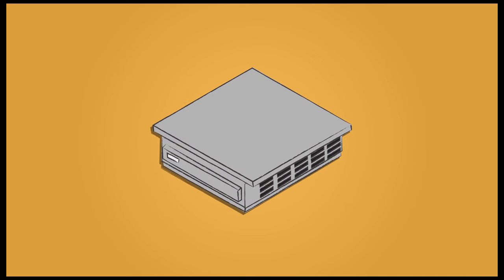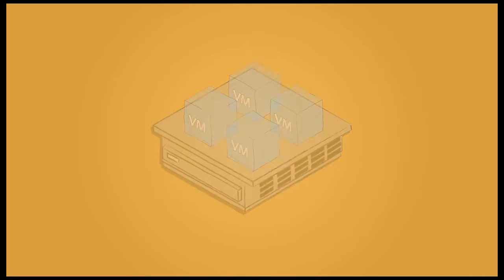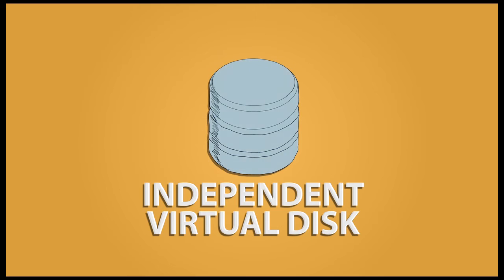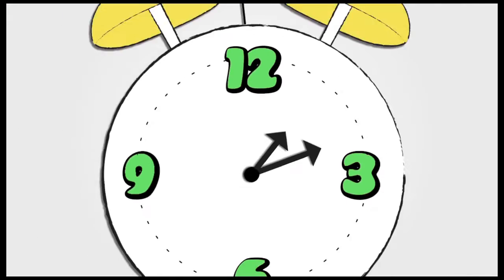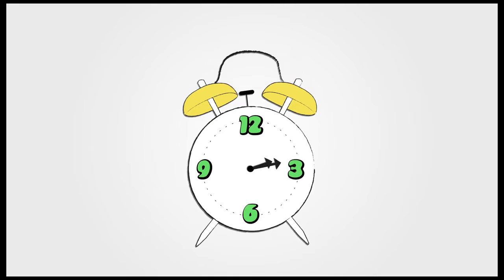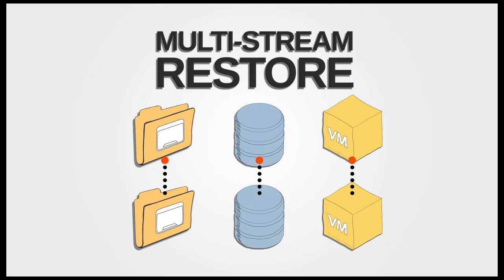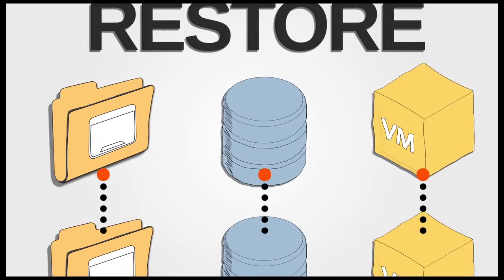Whether you need to restore an entire VM or just an independent virtual disk, PhD allows you to completely restore to your production systems in the shortest amount of time possible. Multi-stream restore provides concurrent, parallel processing of VM and virtual disk restores, providing the highest level of restore performance and reducing the time required to fully restore your VMs to your production systems.